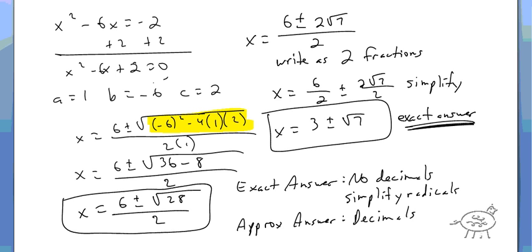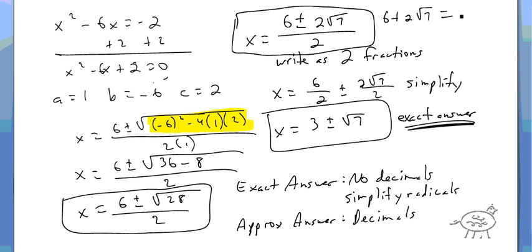The decimal answer is real simple. All right, if you guys remember from back in the day, at this point right here, math fans, you can give me a decimal answer. You literally type in your calculator 6 plus 2 square root 7, hit equals, don't forget to hit equals, and then divide that by 2.